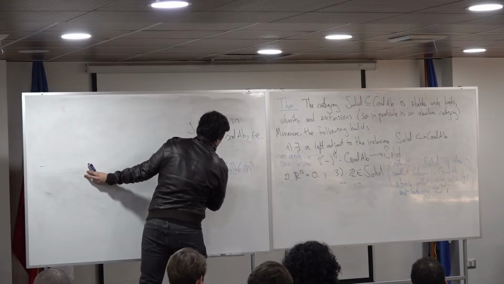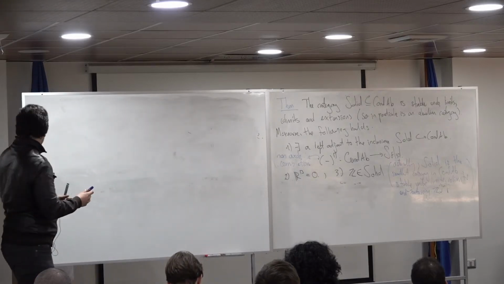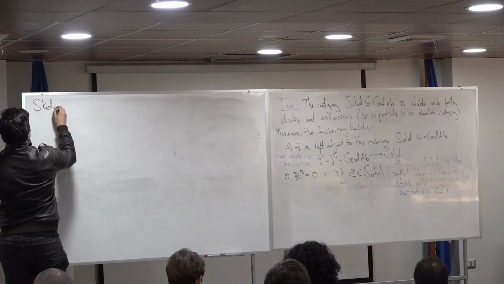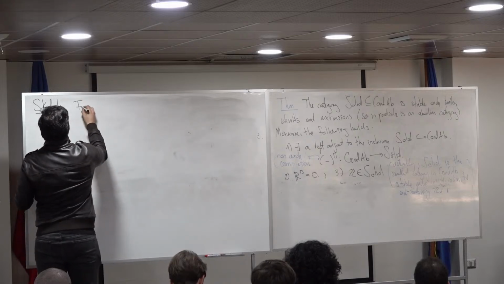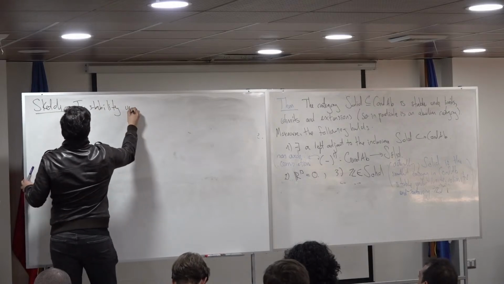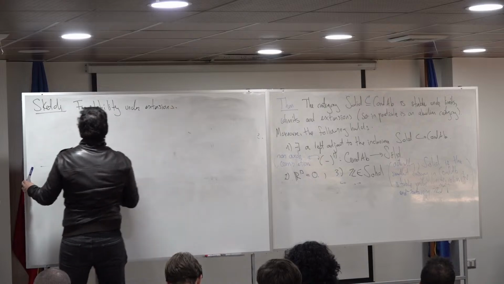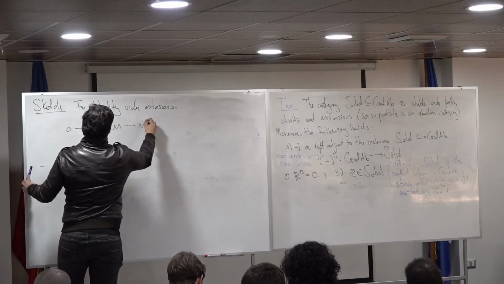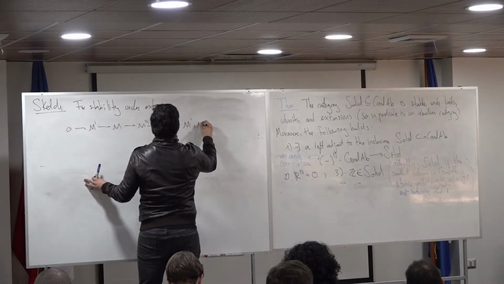Anyway, so for example, for stability, sketch of the proof. Let's say that for stability under extensions, you just consider your short exact sequence of condensed abelian groups, where M' and M'' are solid.